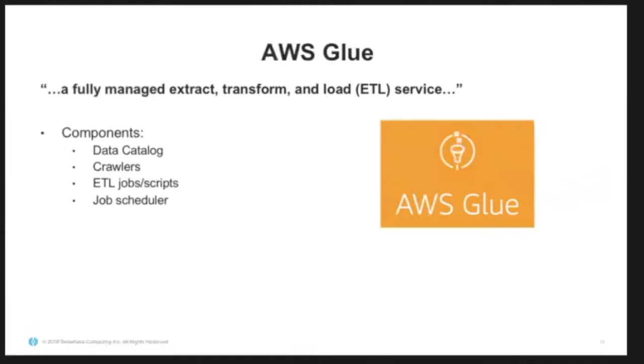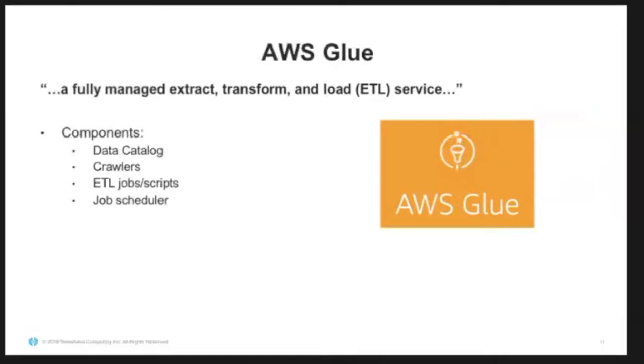There are 4 different major components to Glue. The first is a data catalog, which is basically the metadata that you're storing. We'll get into the details of each of these. The crawlers are where it's getting really powerful.